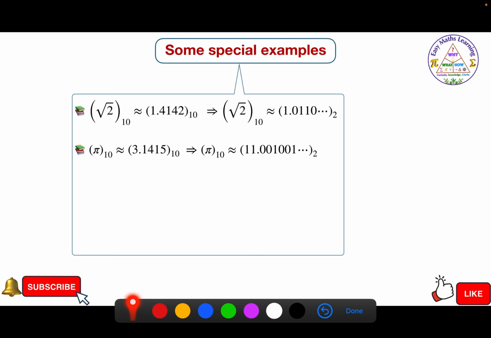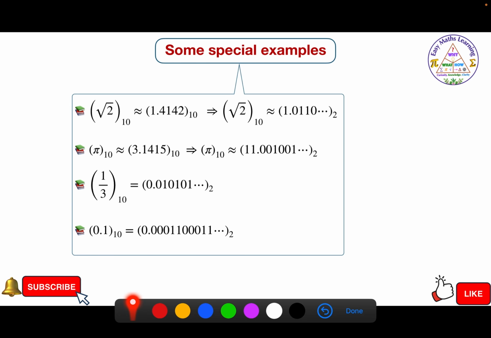Okay, so this is infinite repeating pattern. Third example is 1 by 3 in decimal form with base 10. We can write it is 0.3333 and so on. So in binary it equals to 0.010101, okay, with base 2. So it also becomes repeating in binary.